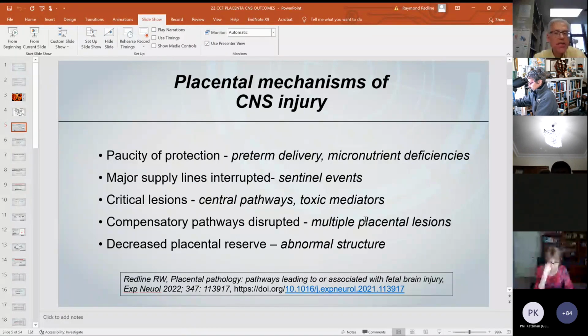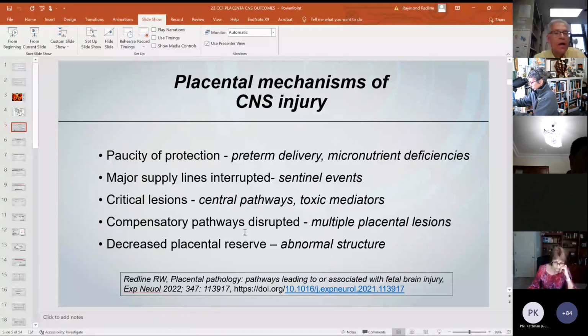Multiple placental lesions can sometimes interrupt compensatory pathways. You can usually adapt to the loss of, say, some maternal vascular perfusion, but if you also interrupt the fetal vascular perfusion, you have a synergistic effect of those two processes rather than simply an additive effect.